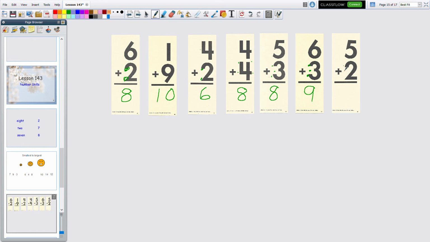Okay, let's put the 2 dots on there. Okay, are you ready? 5, 6, 7. Or if you're doing it fast, you'd be 5, 6, 7. Okay, I'm going to clear that.